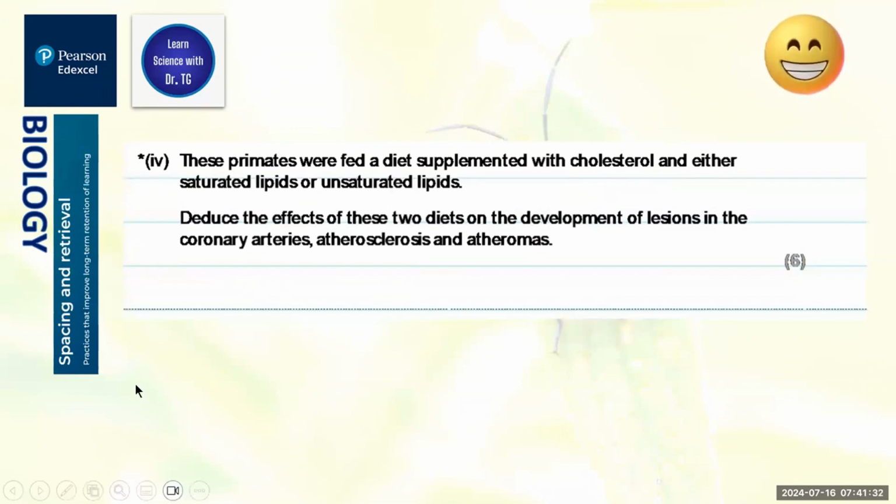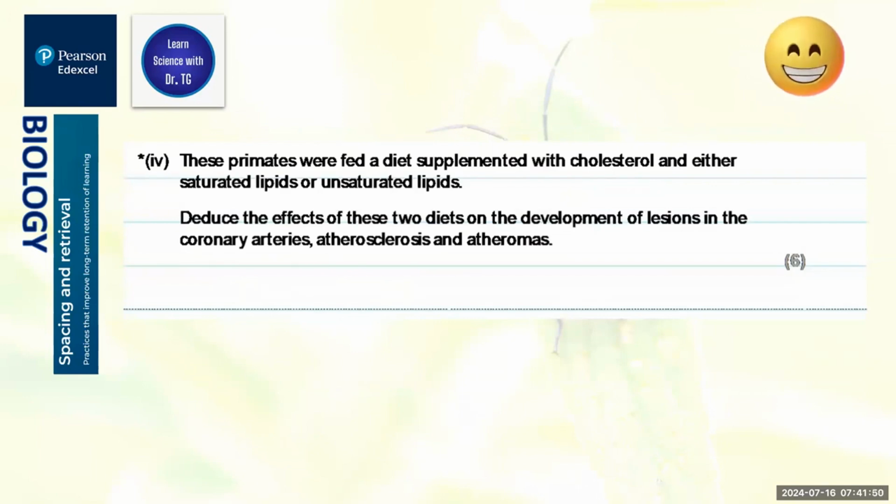You can also notice there's a star here. When you have a star, you should write your answer in logical order, with no grammatical mistakes, and you have to use the technical terms. You have to make statistical conclusions, and the answer should be perfect to get the 6 marks.